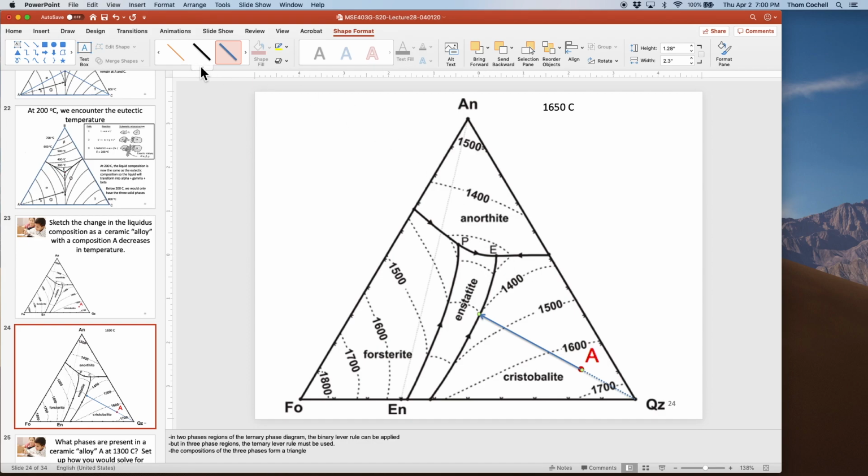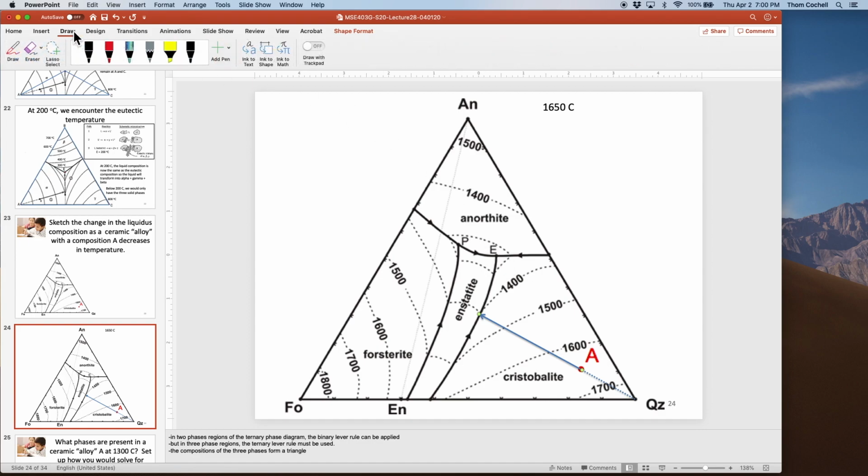I'm going to draw this one that starts here and then follows the boundary curve down, and it keeps following the boundary curve until it reaches something else significant, which at this point is the eutectic temperature.